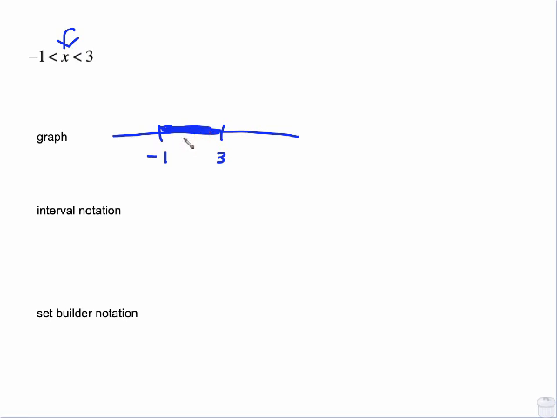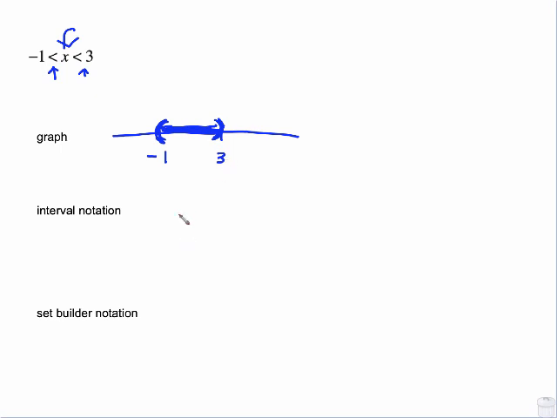All we have to decide on is what symbols do we put here? Do we do the parenthesis or do we do the square bracket? Because both of these are plain old less than signs, we will do the curved parentheses. Now that fits exactly what this inequality says. This says the x is between -1 and 3. Where have I shaded? Between -1 and 3.